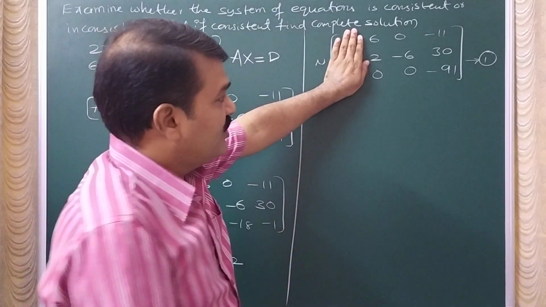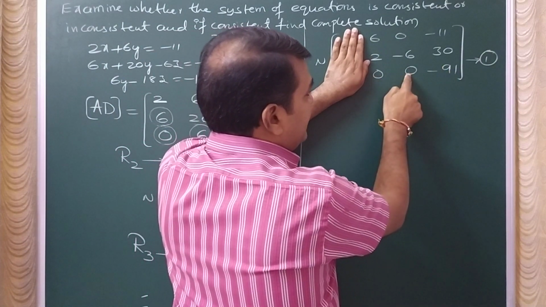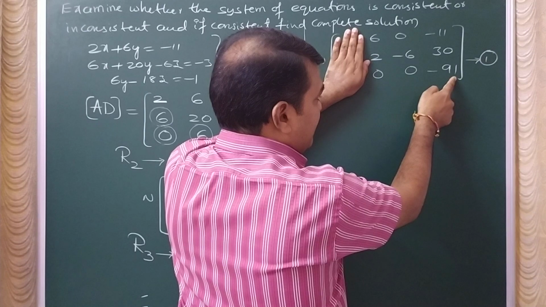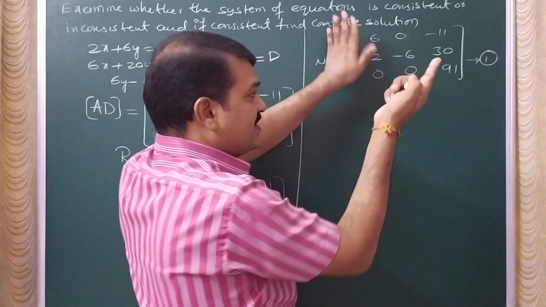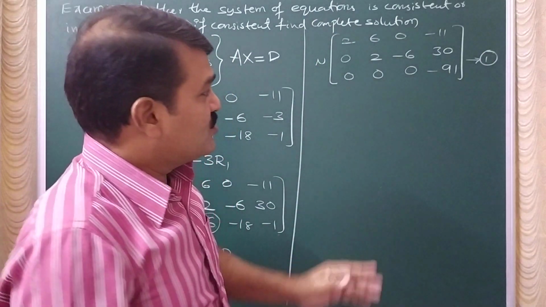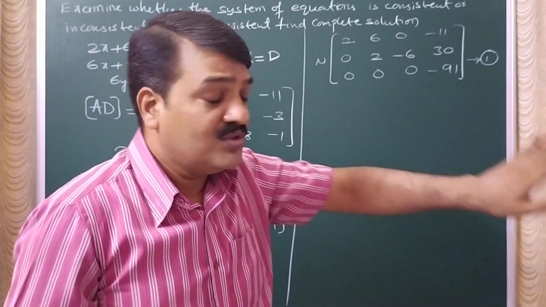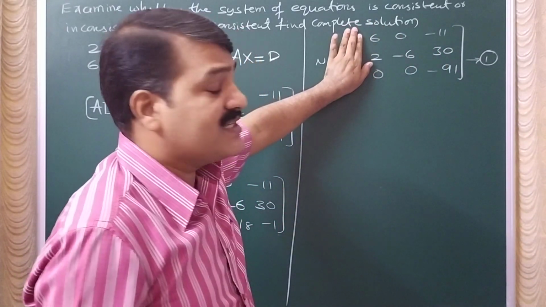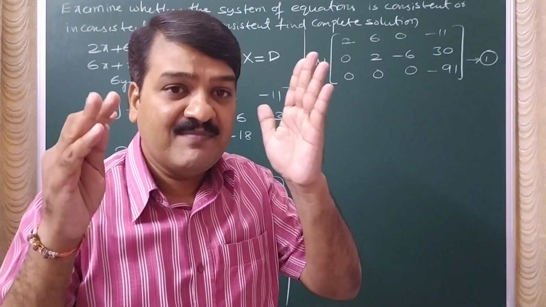How? Use the last row. If you expand the determinant, you will get minus 91 into minus 36 minus 0. That is clearly not 0. So we can find a 3 by 3 submatrix which is non-singular. Therefore rank of AD will be 3.